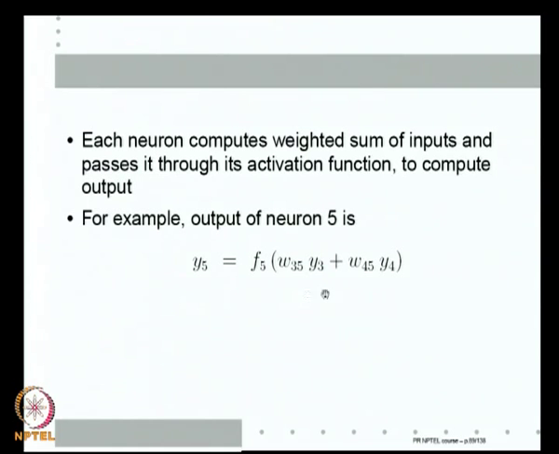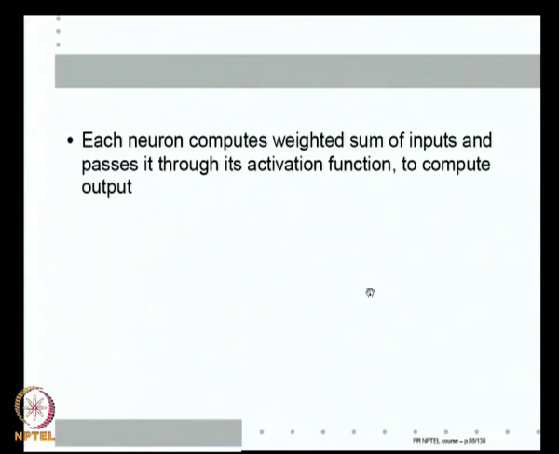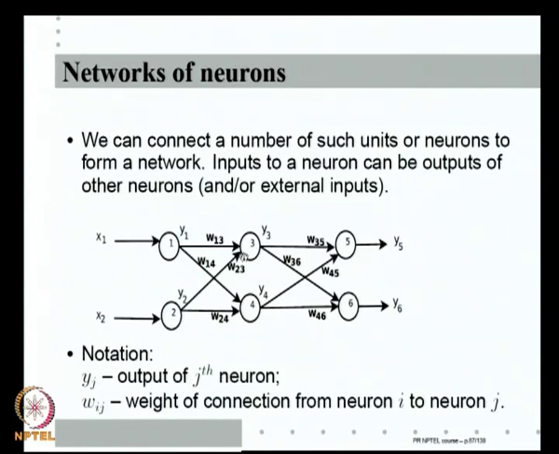Right. Now, how are y3 and y4 obtained? They themselves are obtained the same way. y3 is obtained by multiplying y1 with w13, y2 with w23, and passing it to the activation function, and similarly y4.